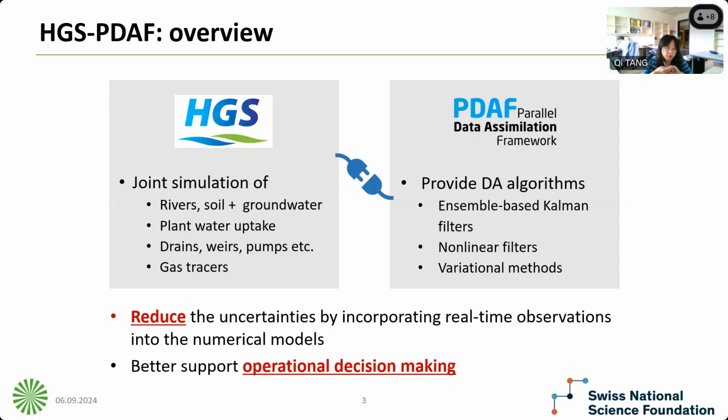It also considers different vegetation types, like plants and crops, and explicitly considers agricultural infrastructure like drains, weirs, pumps, and dams. Especially, it can also simulate the solute transport of noble gas concentrations.